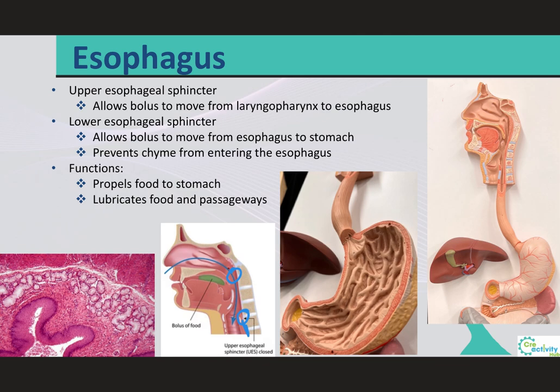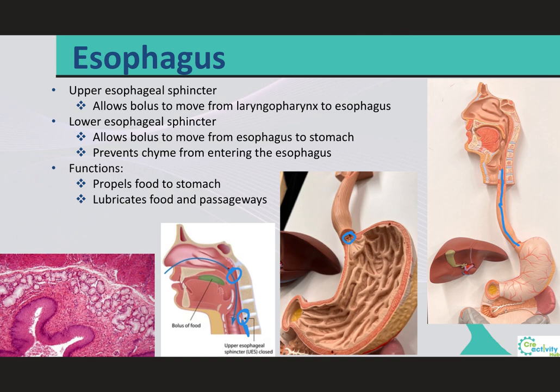Once the food enters the esophagus, rhythmic waves of peristalsis push the food towards the stomach, and it passes through the lower esophageal sphincter before entering the stomach. Recall that these sphincters are made up of muscles that surround the tubes, and they serve as valves that close the tube when the sphincters contract and open it when they relax.